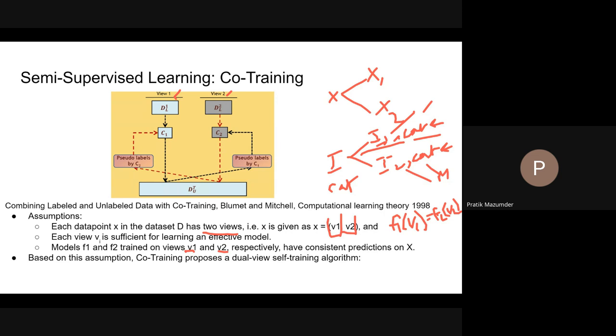And based on this, it proposes a dual view self-training method where you are separately and parallelly training two views on, say, two networks, and each of these networks will help the other train better. That's why the term is known as co-training, because there'll be two networks.